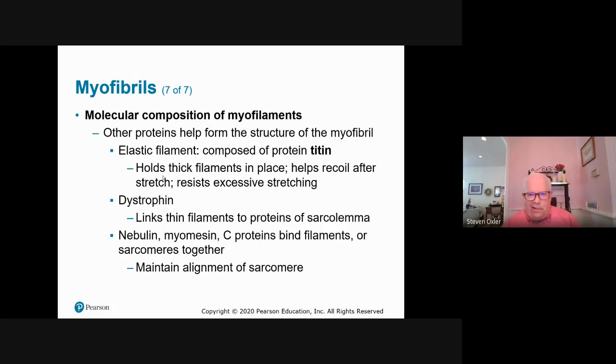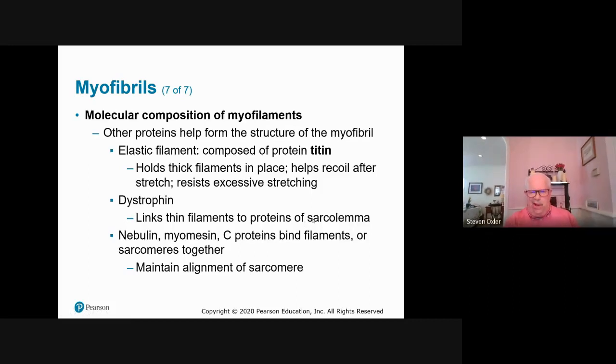It also allows the muscle to recoil, and it resists excessive stretching. There is also another protein in the myofilaments called dystrophin. Dystrophin links the thin filaments to the sarcolemma. Remember, the sarcolemma is the plasma membrane of muscles.